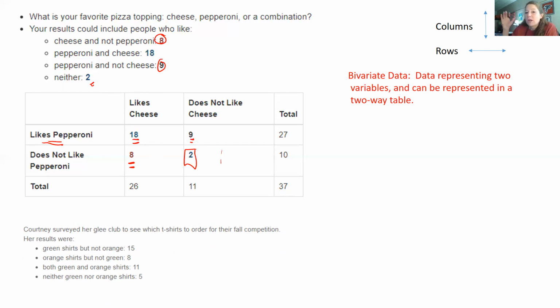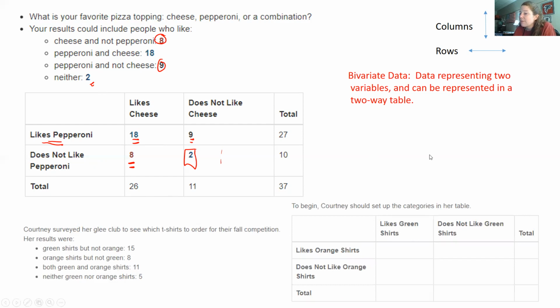Some people want green or they don't want green. Some people want orange or they don't want orange, or some people like both and some people like neither. So we can take that information and put it on this two-way table. Notice here we have likes green, doesn't like green, and then people that like orange and don't like orange.